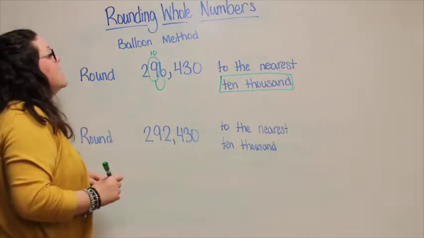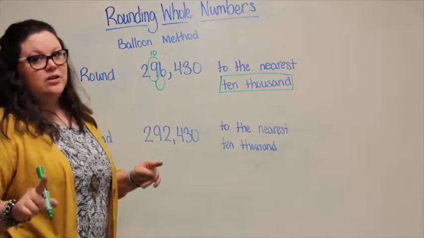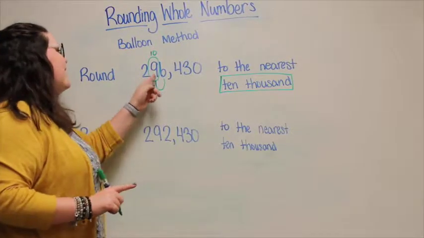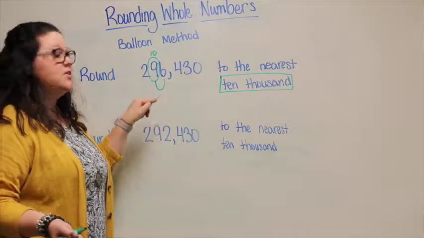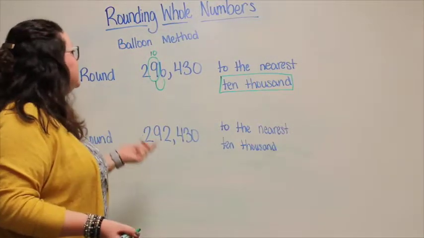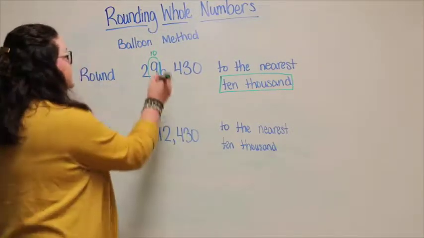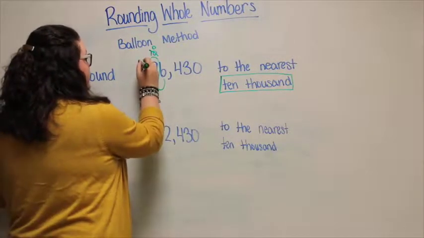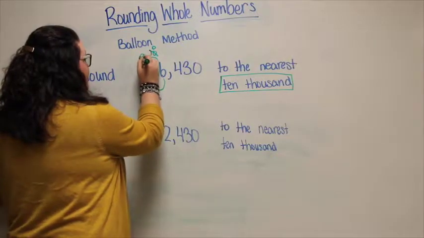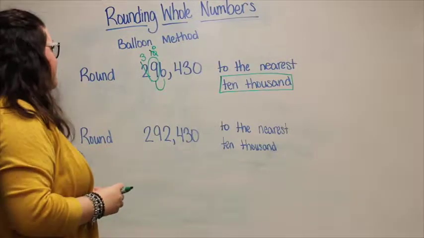Now, it's important to note that I can't have a 10 in a place value because I can only have one digit in each place value. So what I would do is this place value would become a 0, and this place value would become one digit greater.